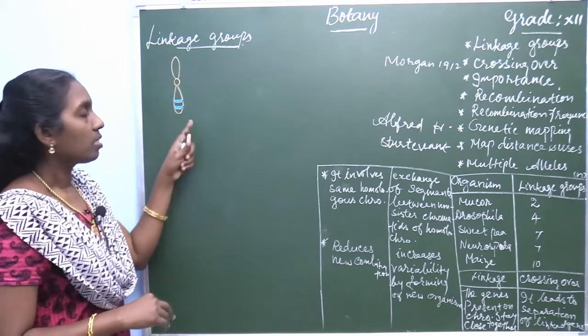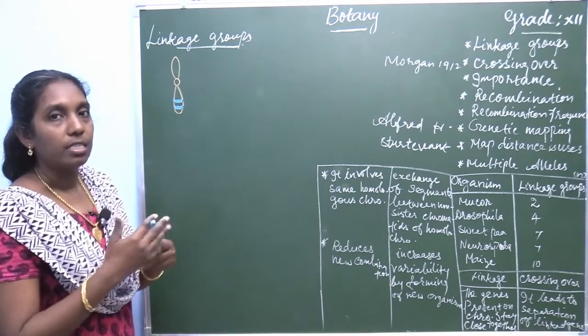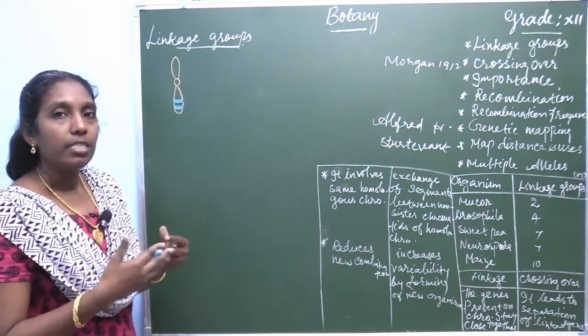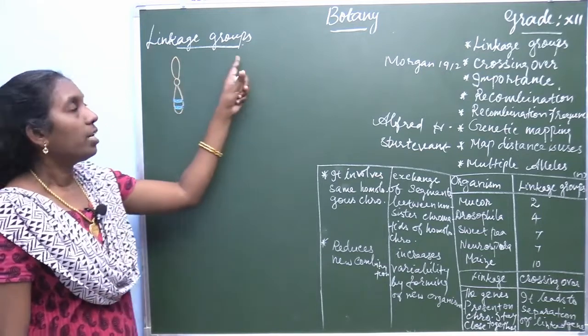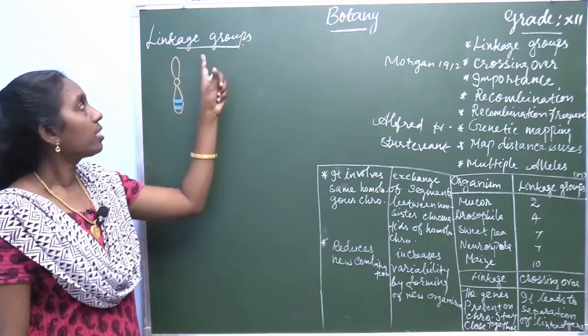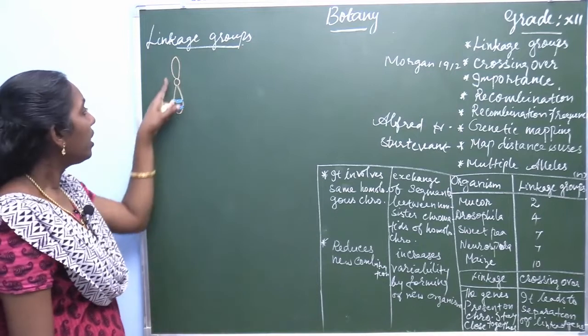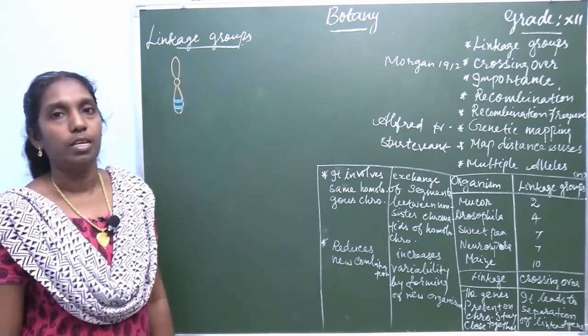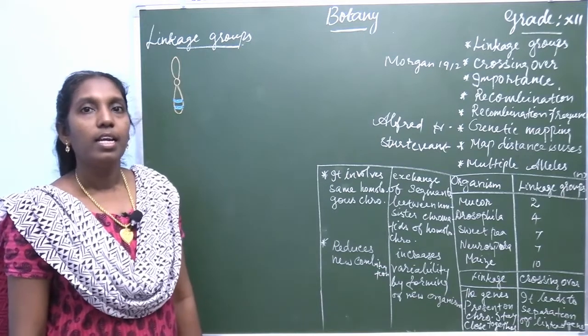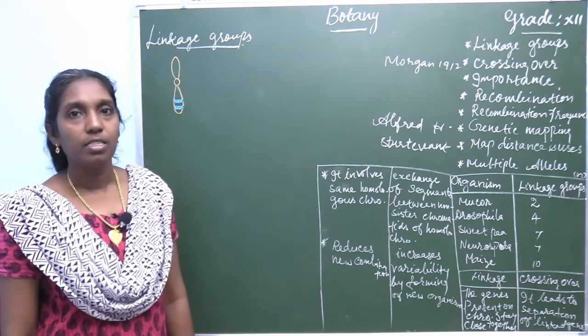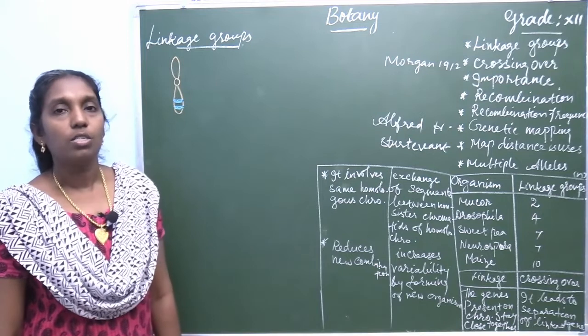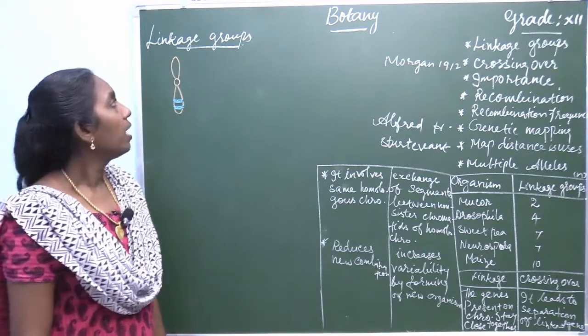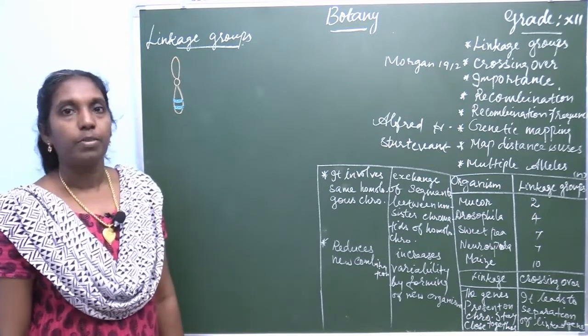So, these genes have a possibility to be inherited together. Linkage groups are groups of linearly arranged linked genes on a chromosome.